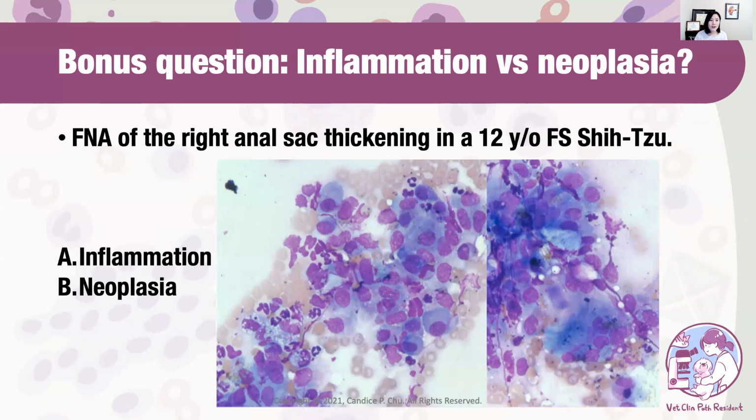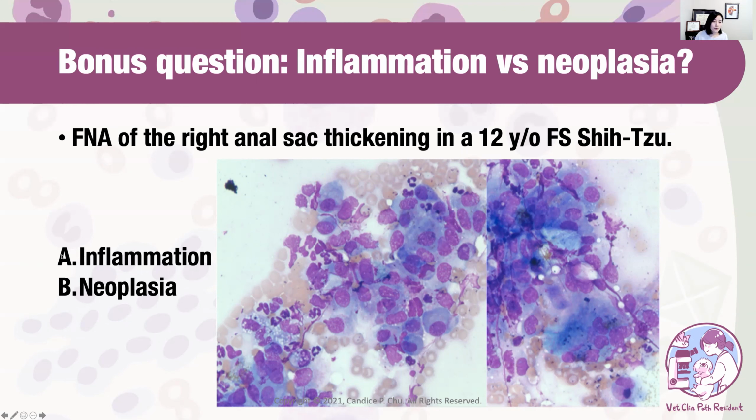All right, then moving on to the last question, which is a bonus question. Is it inflammation or is it neoplasia? So this is a fine needle aspirate from the right anal sac thickening in a 12-year-old female spayed Shih Tzu. And we don't have a definitive answer for this one, but in my cytologic interpretation, I did make my choice.